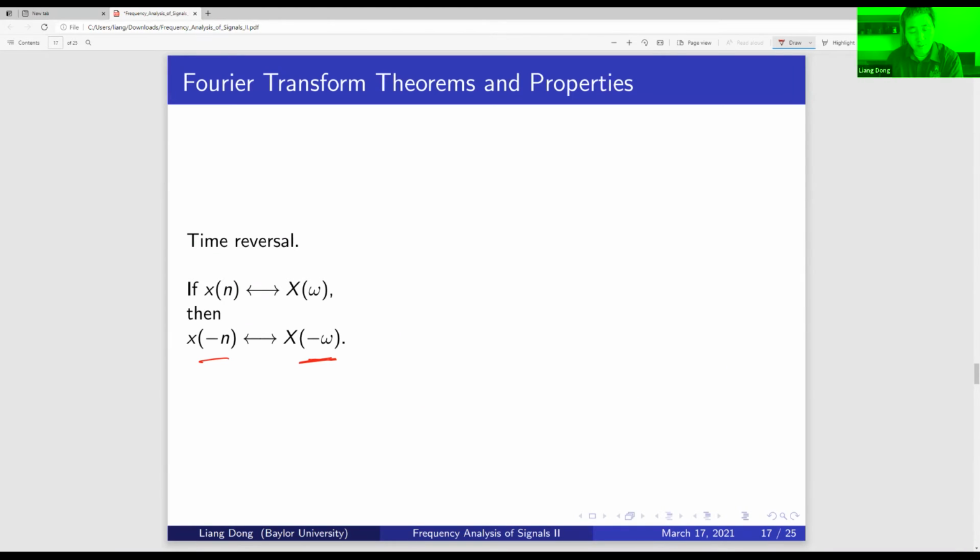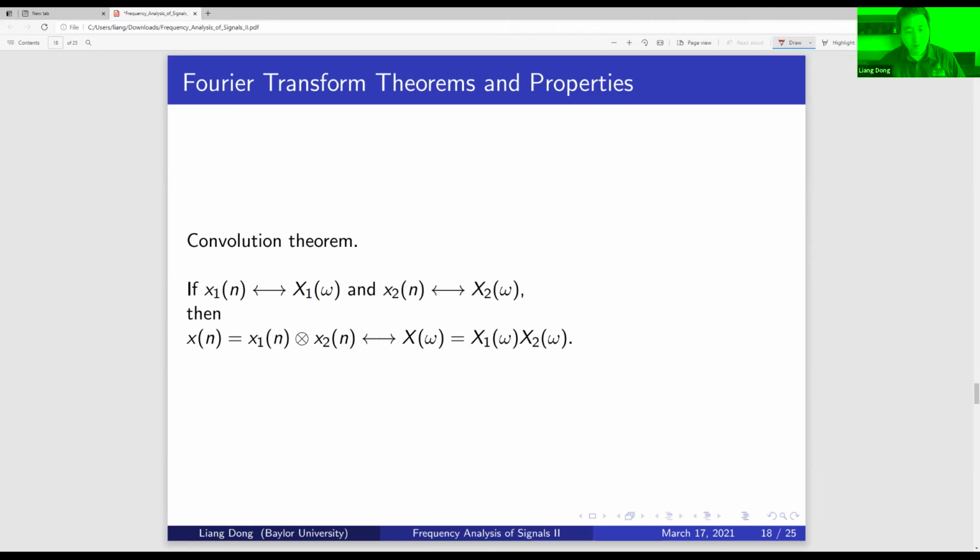Then to look into that from a physical point of view, if you're counting a signal from future to past, time reversal is as if you are measuring the signal from the highest frequency to lowest frequency. Basically, you flipped your spectrum. So it's kind of a time reversal, and you will give me a frequency reversal. What I mean is you flipped the high frequency to low frequency to high frequency.